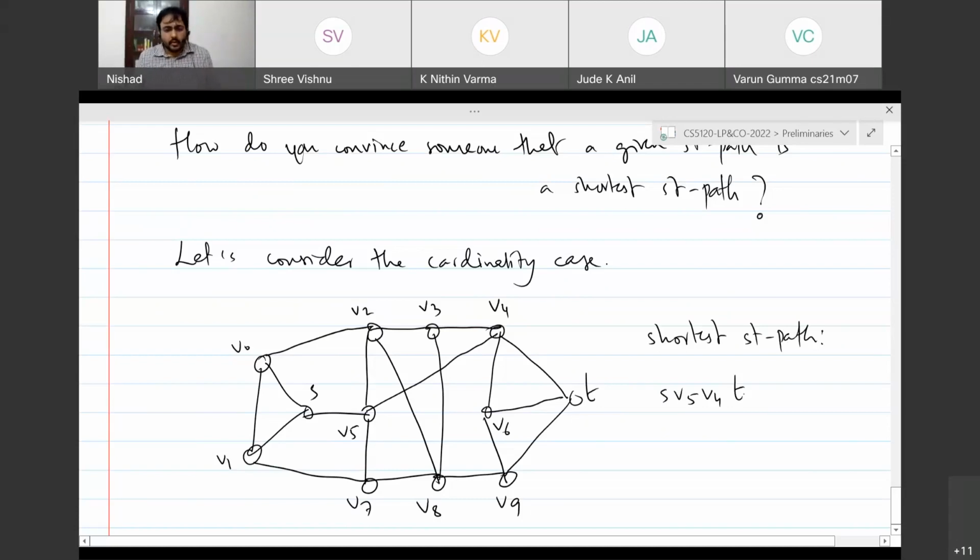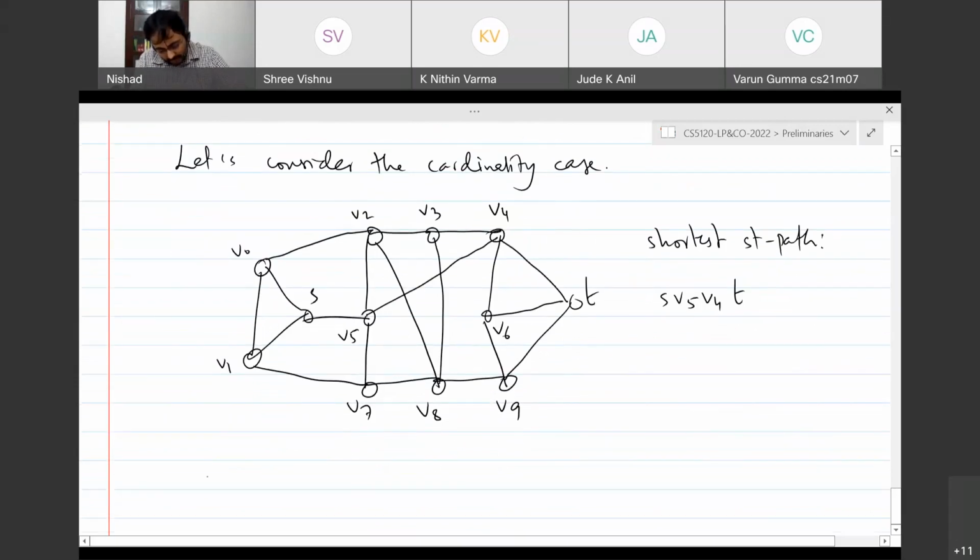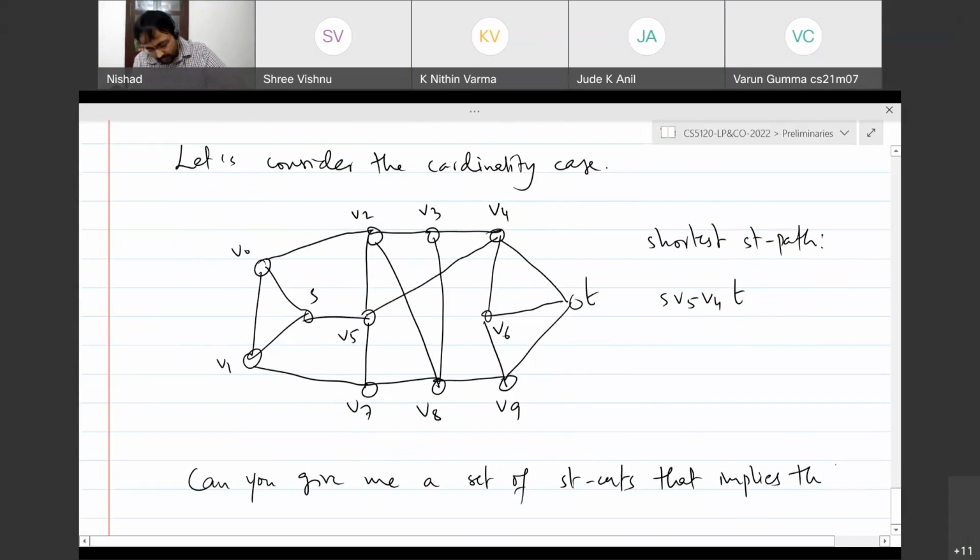Okay. So now I would like you all to think about how to convince someone that this is actually a shortest ST path. And as you can imagine, it has something to do with cuts. So I'll actually give you a more concrete question. Can you give me a set of ST cuts that implies that P is a shortest ST path?